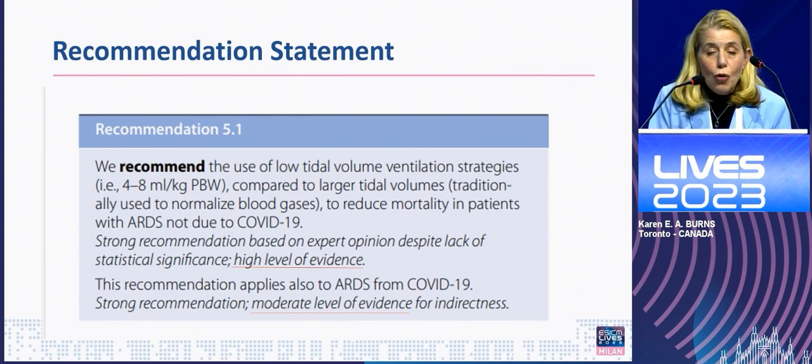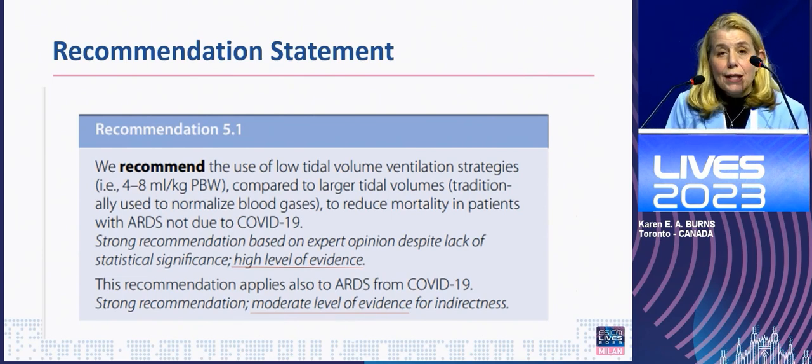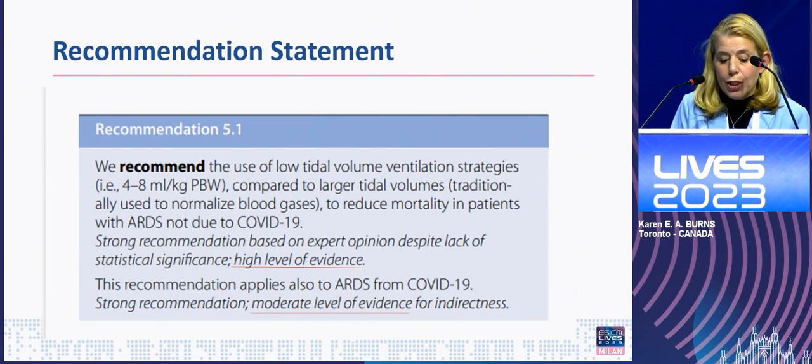With regard to COVID-19 related ARDS, as I mentioned previously, we downgraded this recommendation due to indirectness, and therefore we still recommend the use of low tidal volume ventilation strategies, the same 4 to 8 mLs per kilo predicted body weight compared to large tidal volumes to decrease mortality, but now this has moderate level of evidence.